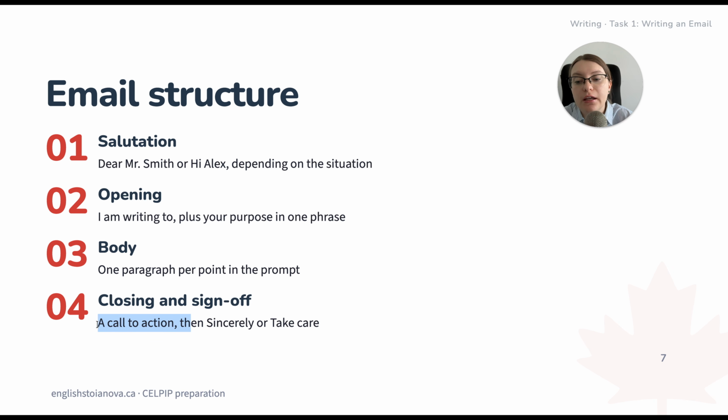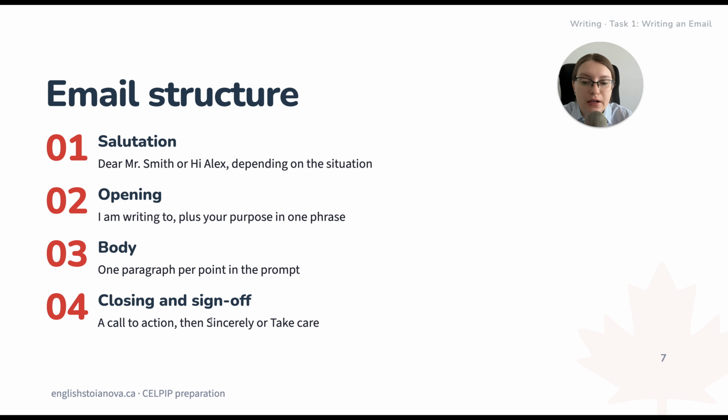You want to make sure your purpose and your call to action are connected, right? If you're inviting, you gotta say something like, please reply to my invitation to let me know if you are going to be able to come. It's like RSVP, right? So this is your call to action, and it depends on your purpose.